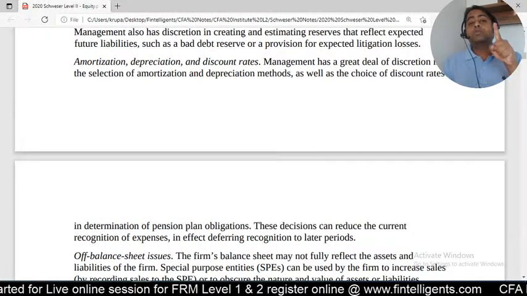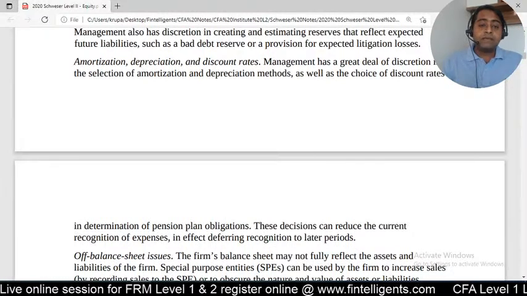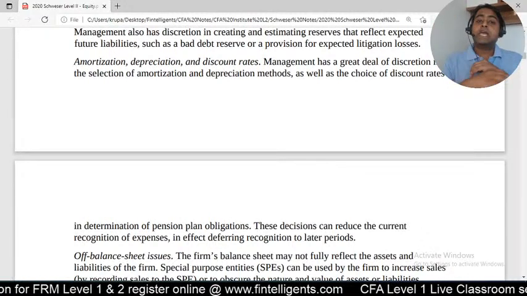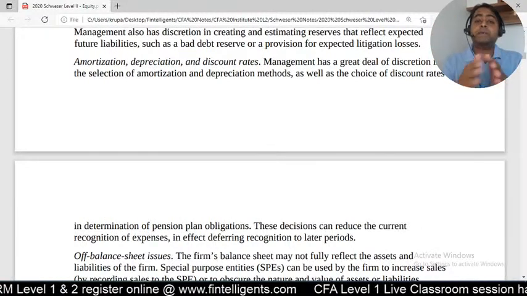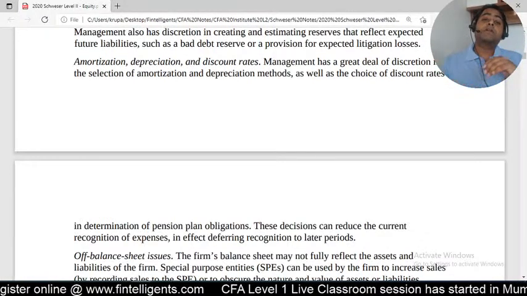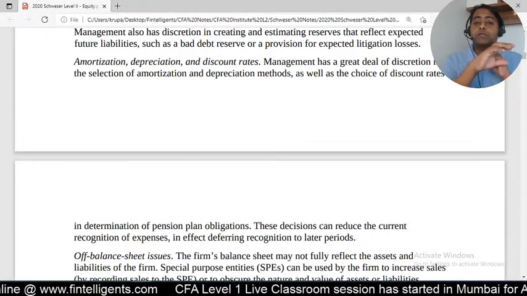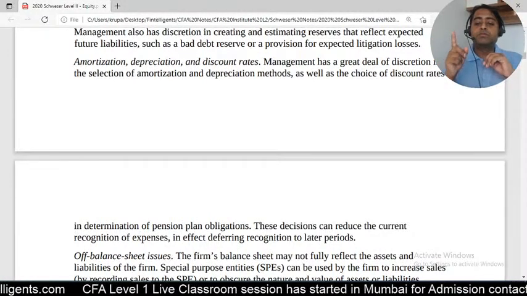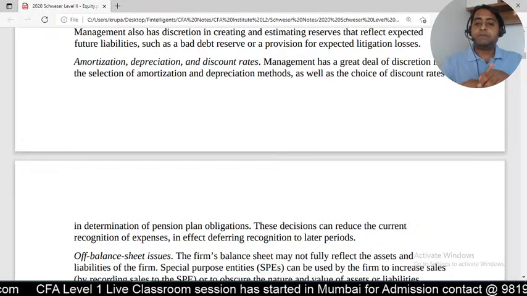I'm not showing those expenses on this income statement. Why? Because I'm capitalizing those expenses, taking them to the balance sheet, and spreading them because I'm going to amortize those expenses over a period of 10 years. So it will smoothen out my expense, right?